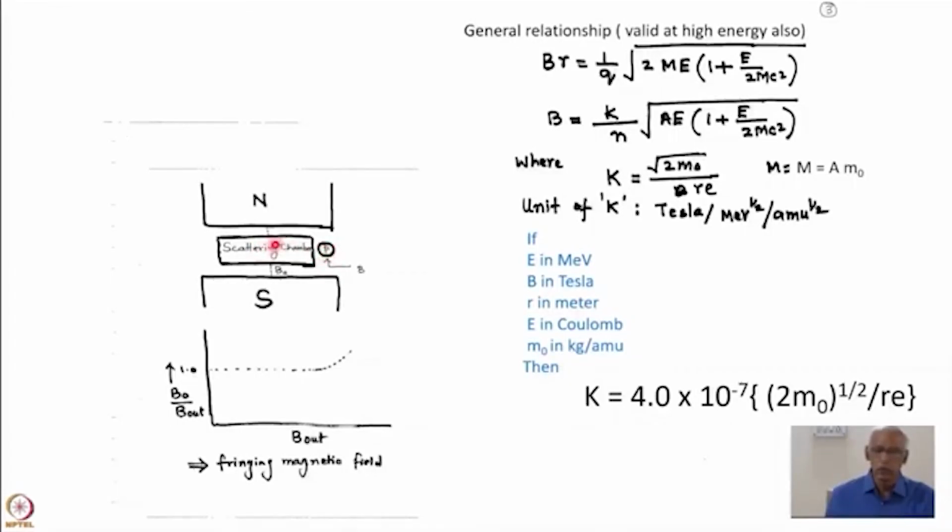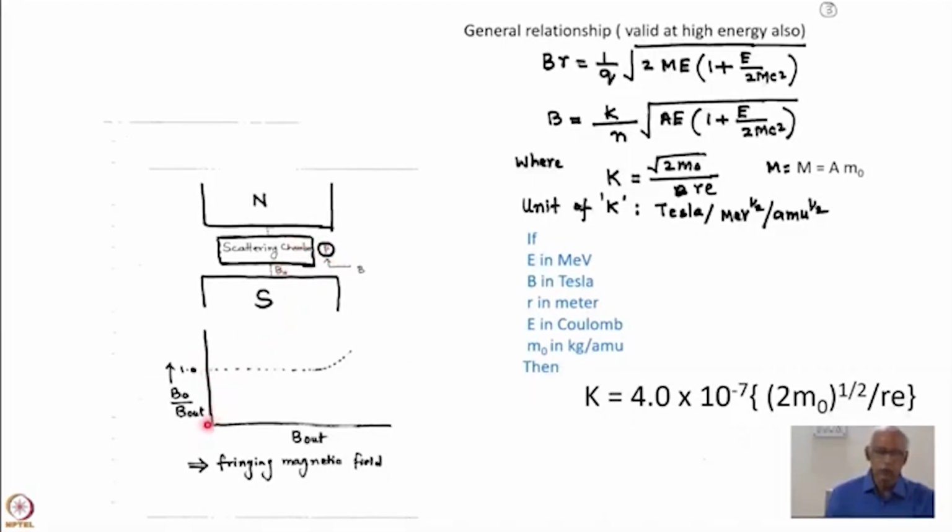So, in order to reduce the error, we have to find a calibration of the magnetic field value at the center. This was done here. The magnetic fields were measured at two places, and the ratio of the magnetic field B0 at the center to the magnetic field outside, where the NMR gauge meter is put and the actual measurement is done, should ideally be 1 if it is very close.